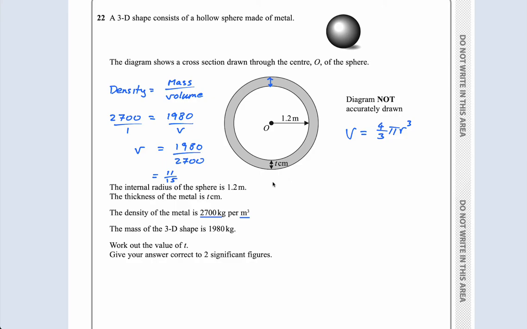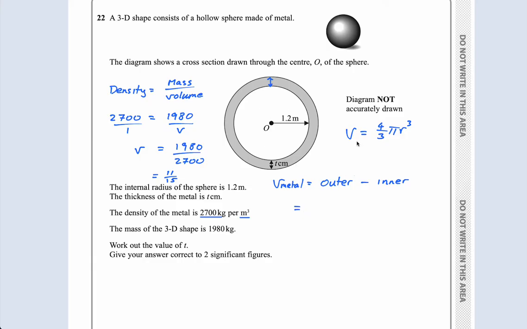So let's do volume of metal is equal to the outer minus inner. So the outer is going to be the outer sphere, and the inner will be this sphere. We take this out because it's the hollow bit.